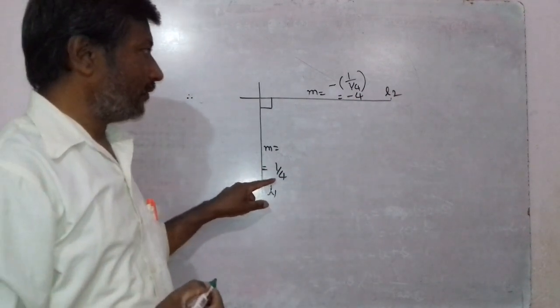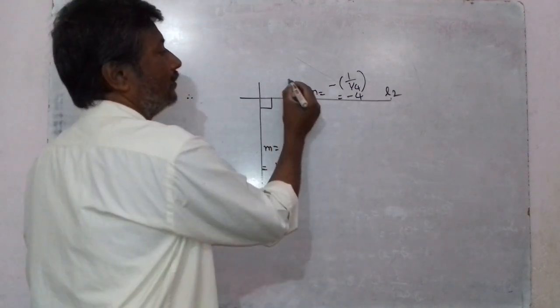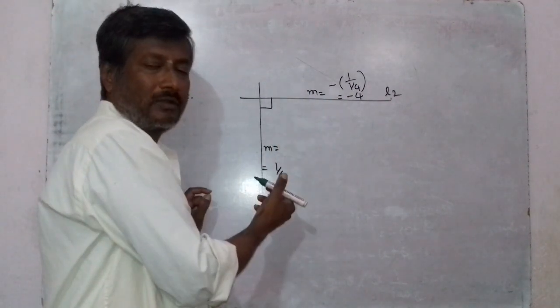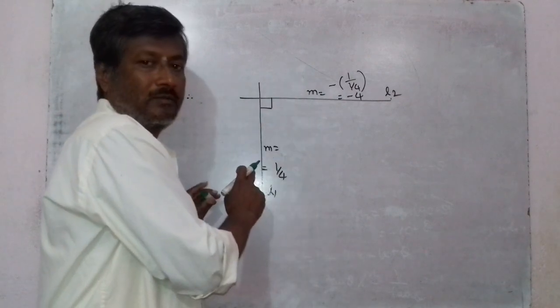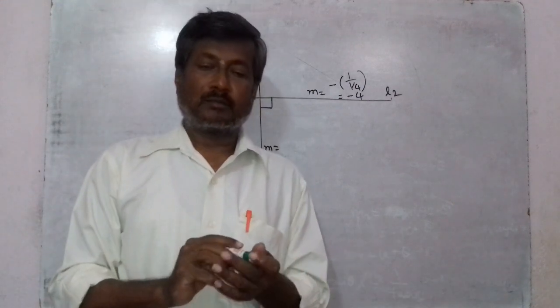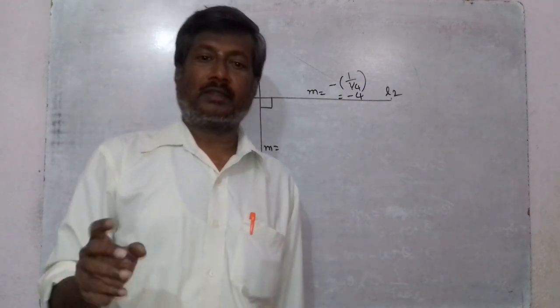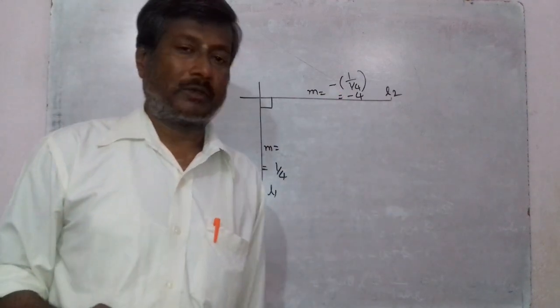If this is 1 by 4, this becomes minus 4. If this equals 3, this is minus 1 by 3. If this equals minus 3, then it is plus 1 by 3. Change the sign and take the reciprocal, and that gives the slope of the perpendicular line.